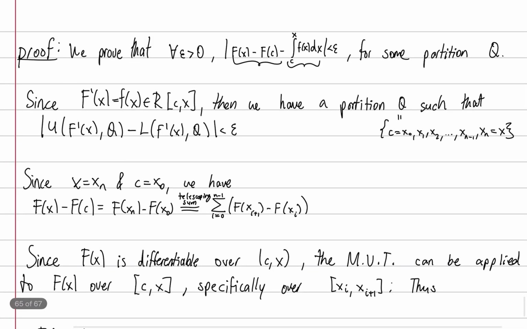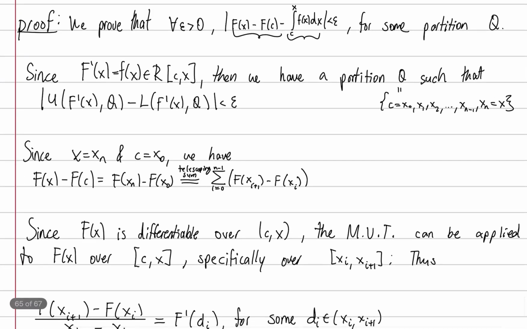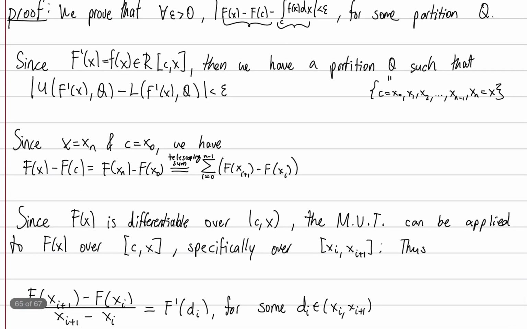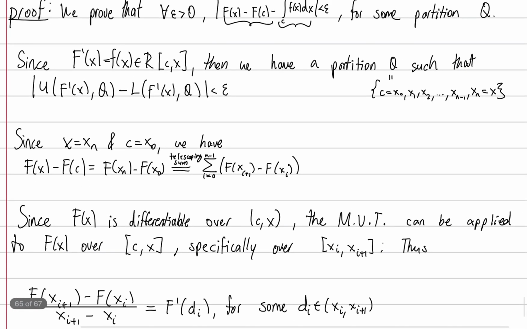Just remember that. Since capital F is differentiable over the interval, and of course continuous over the closed interval, the mean value theorem can be applied. So the mean value theorem does the heavy lifting. It's a very important theorem in calculus. We can specifically apply it over the subintervals.